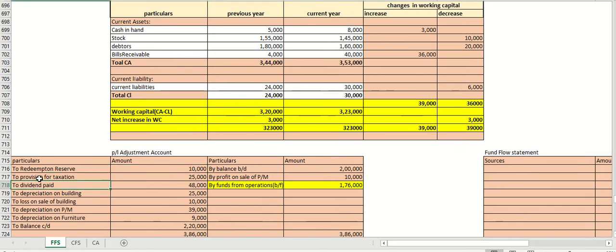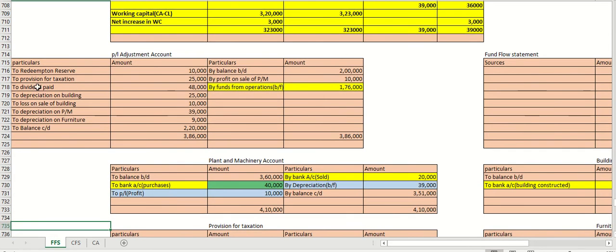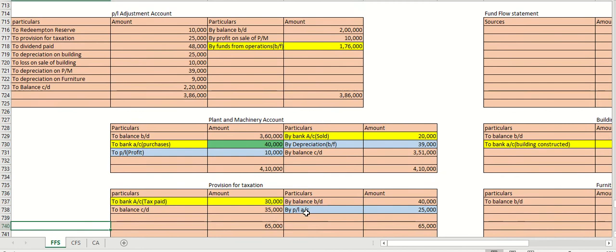Next is your provision for taxation. This is the current year from your provision for taxation account. If you see by profit and loss account, which is 25,000, the current year's provision, that will come up in your debit side. Next is your dividend paid, which is your adjustment, which is 48,000.